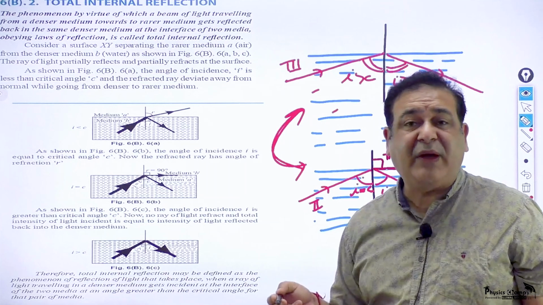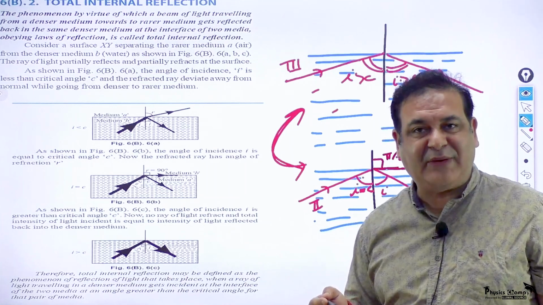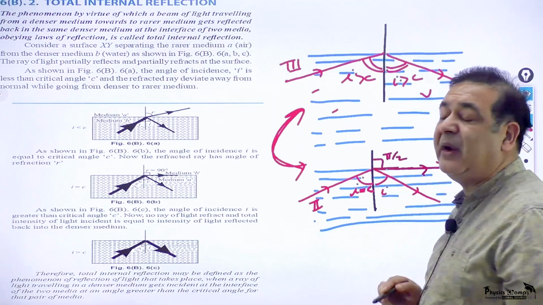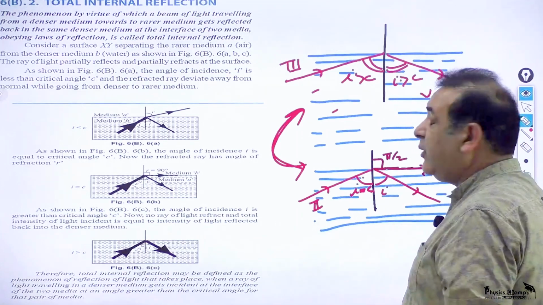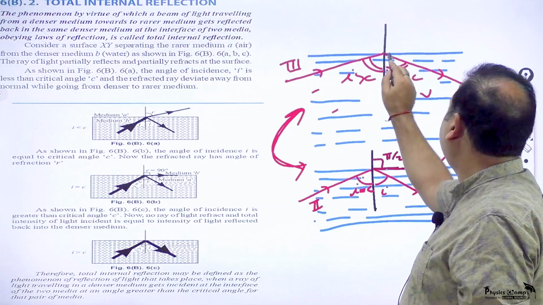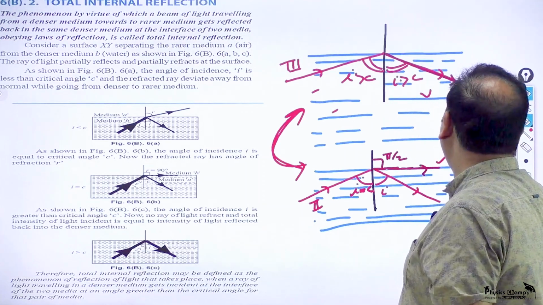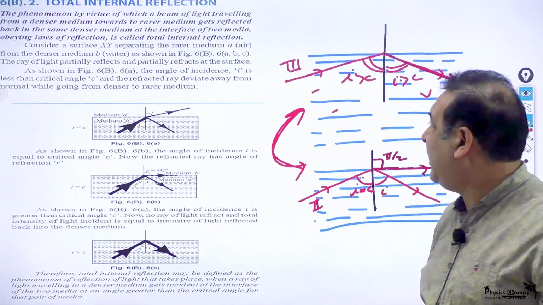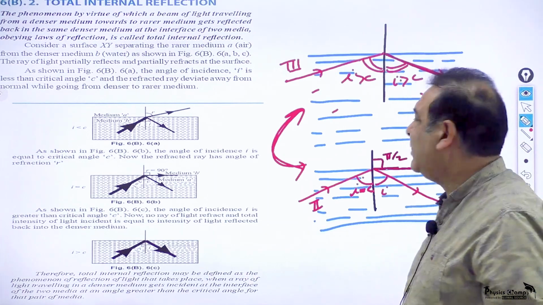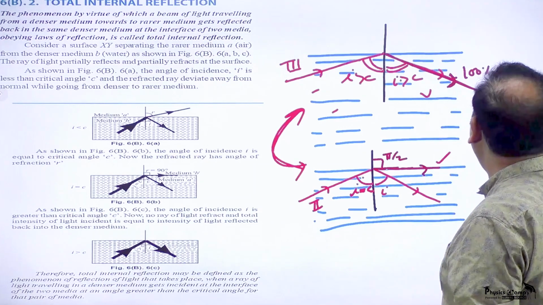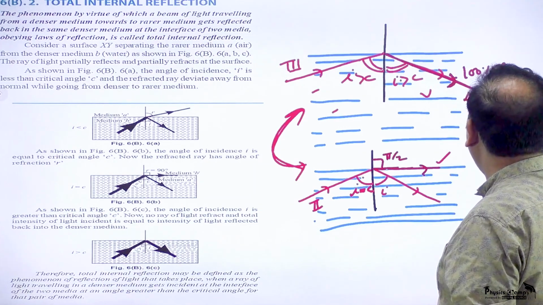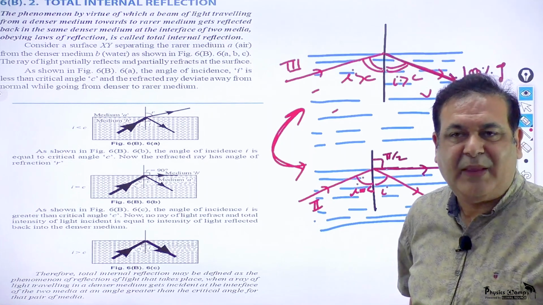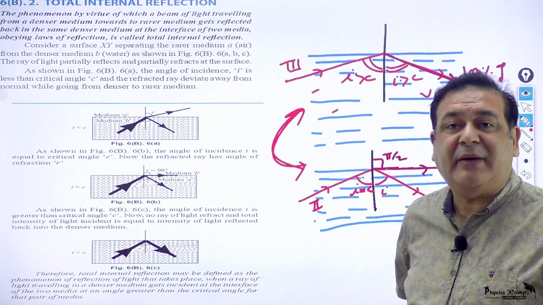And for any reflection, it has to follow the law of reflection. It means in this situation, 100% of the light beam reflects. And this is total internal reflection.